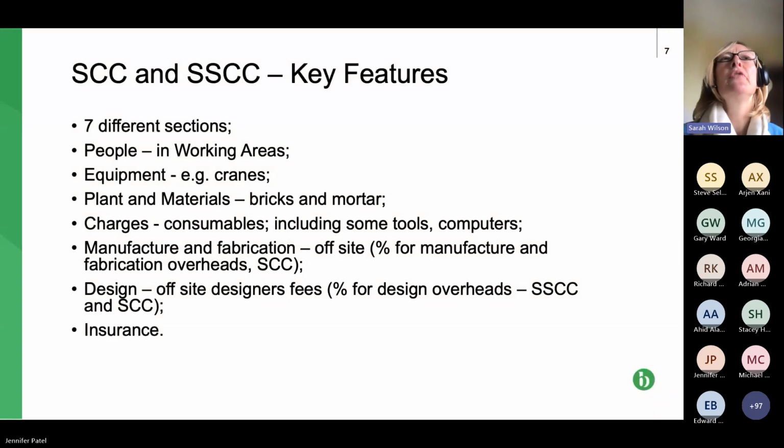Okay, so moving closer to the detail of the schedule and the shorter schedule. It's got 7 sections that are set out in the slide here. This is for NEC 3. Of course, I've already mentioned that for NEC 4, the subcontractor claim is included.